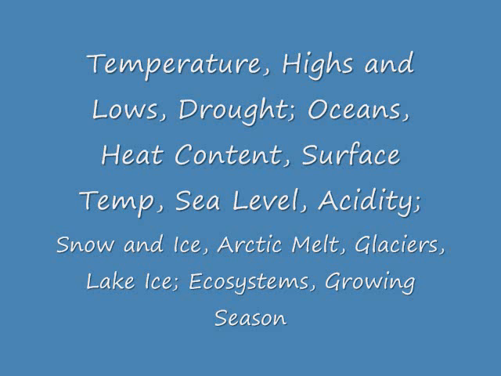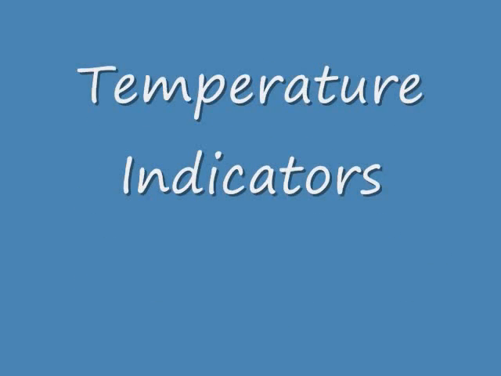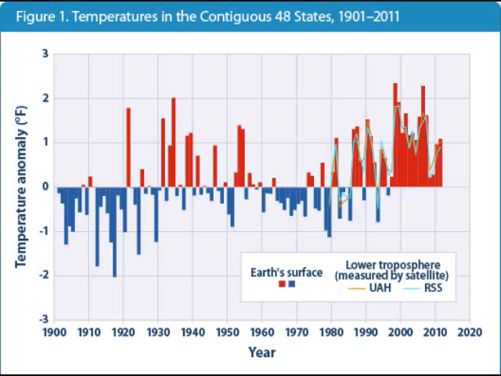Okay, all right, let me cover the first part, which is temperature, because I was arguing with some people. They were saying that the temperature has not gone up in the last 20 years. I couldn't believe that. So here, this is U.S. temperature in the lower 48 states.